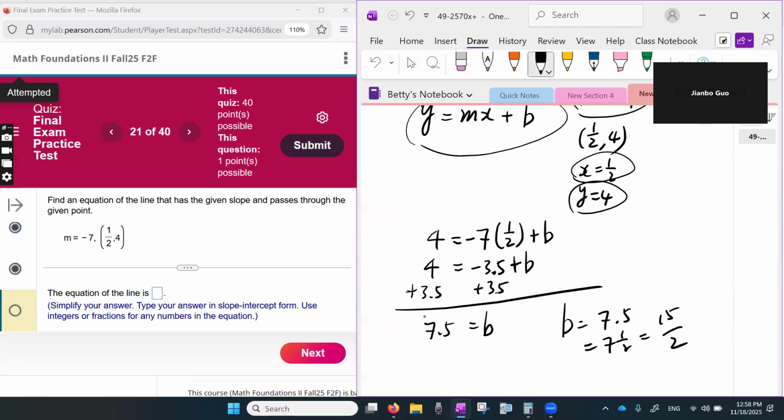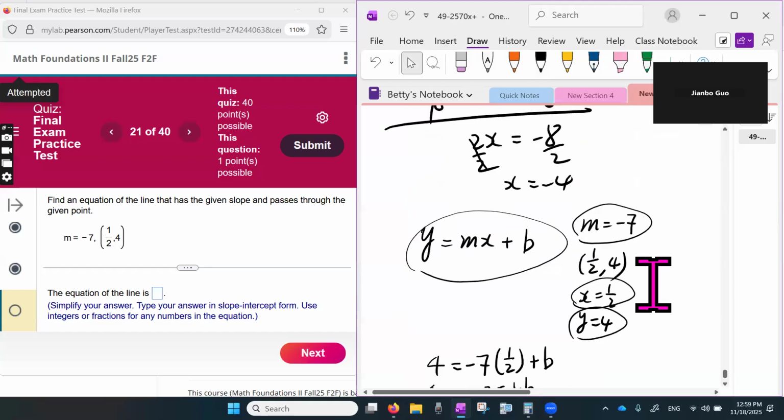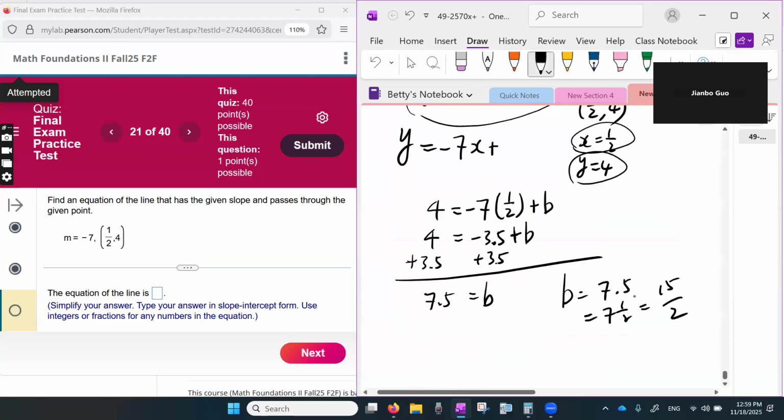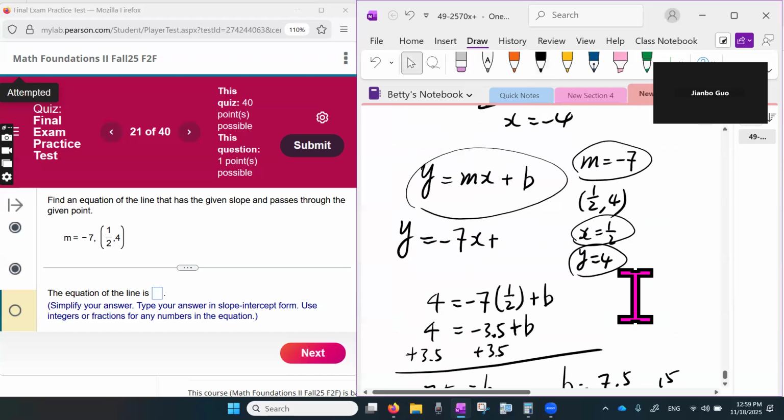Yeah, $7.50 is half of $15. So b as a fraction is 15/2. Once we have the value of b, we are done. We have our answer: y equals m is -7, x plus b is 15/2. This is the answer, okay?